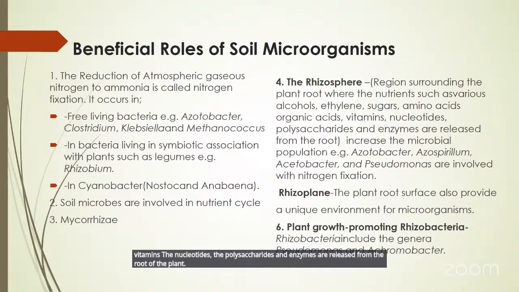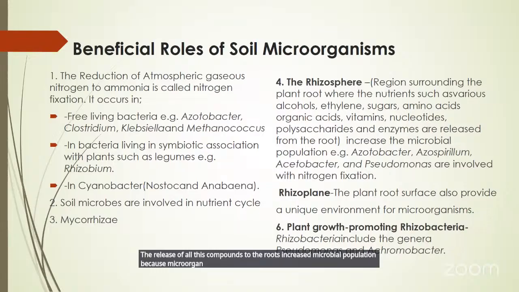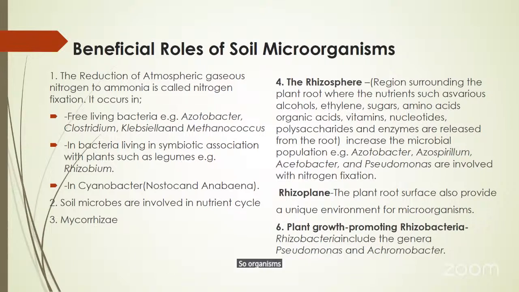The release of all these compounds from the roots increases the microbial population, because microorganisms are like ants. Maybe you drop a cube of sugar, some ants will run and then you see them surrounding the sugar. So also it is with microorganisms. The rhizosphere, that is the region around the plant root, is very rich in amino acids, ethylene, sugars, vitamins, and all that. So organisms rush to that region.